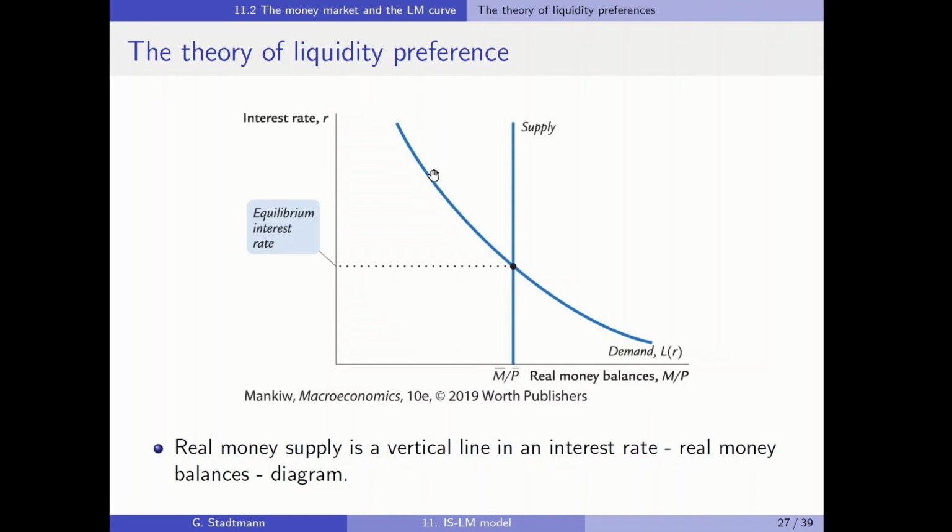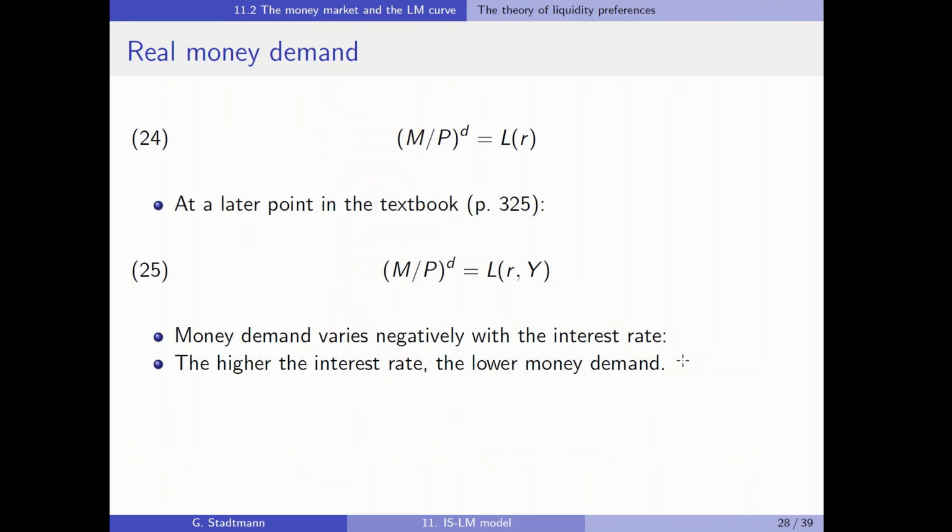You can already see in this diagram that the curve which represents liquidity demand is downward sloping and depends on the interest rate. So let's have a look at the money demand side. In equation 24, it is said that money demand is a function of the interest rate.